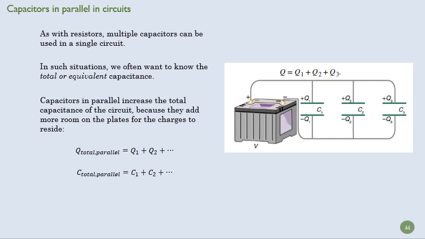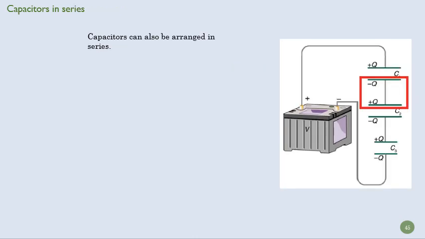The total capacitance is also going to be the same because essentially we're multiplying all of these by the voltage, and that voltage is the same for each capacitor. So if you wanted to increase your capacitance, but for some reason had limited space, or you wanted to use smaller capacitors, you could do that just by setting them in parallel.